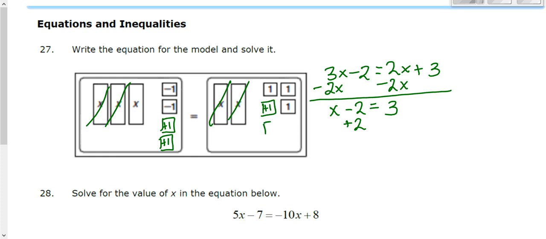So I'm going to add 2 positive ones on the other side. I'm left with nothing on this side. It's going to cancel out. And all I have is x. And then 3 plus 2, now I have 1, 2, 3, 4, 5. So x equals 5.